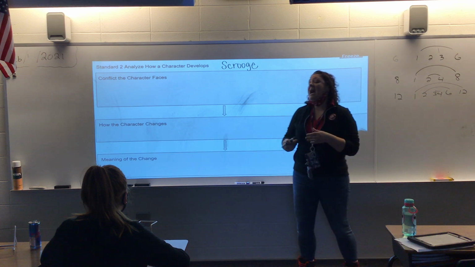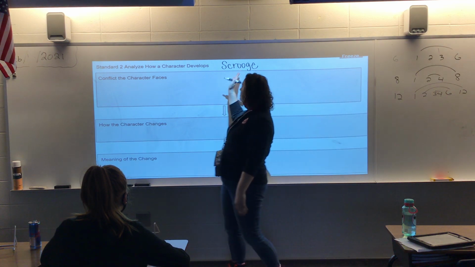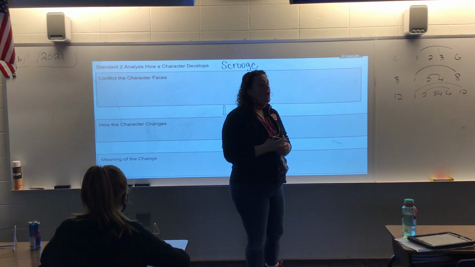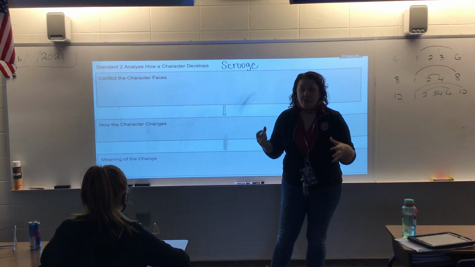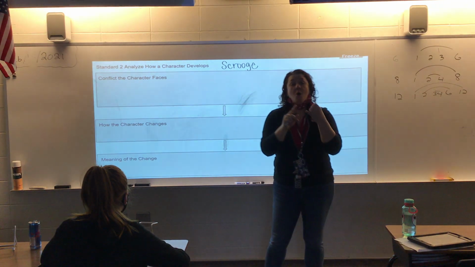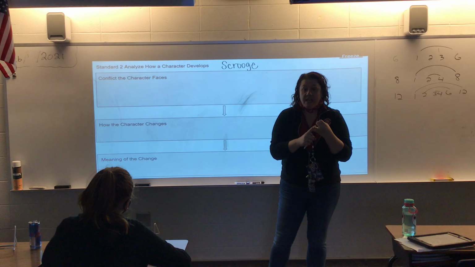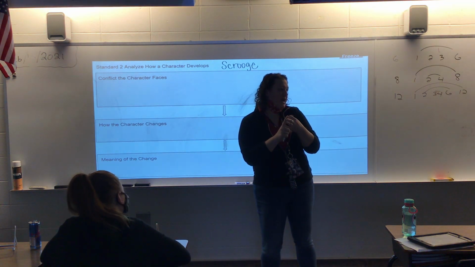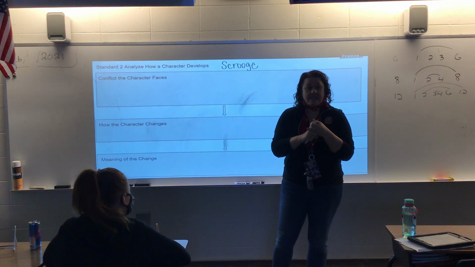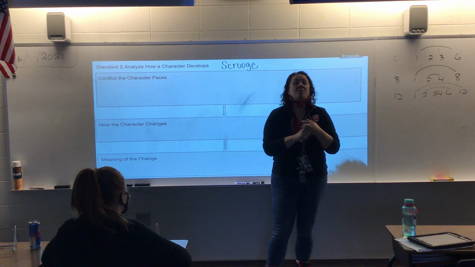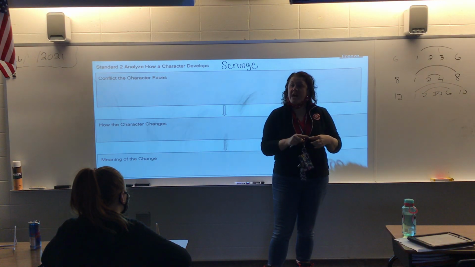So what is the conflict the character Scrooge faces? So remember, we talked about all sorts of conflicts when we talked about Christmas Carol. We talked about person versus person, person versus society, person versus the supernatural, right? Does that sound familiar to any of you? I believe in your reader's notebook, we wrote down the types of conflict.